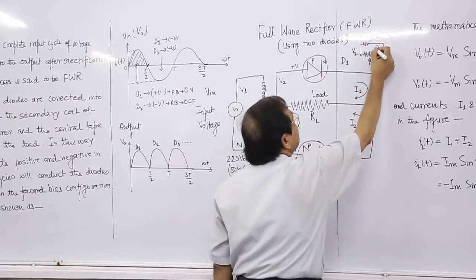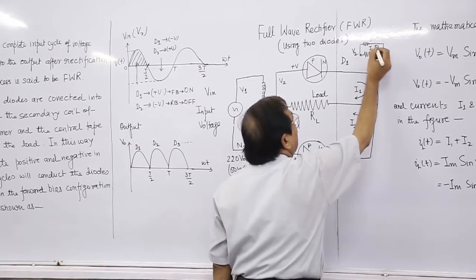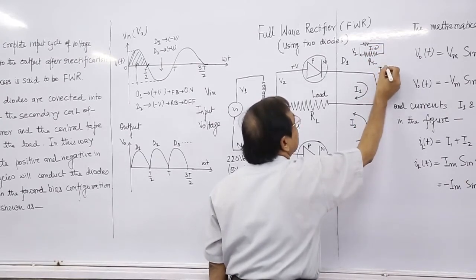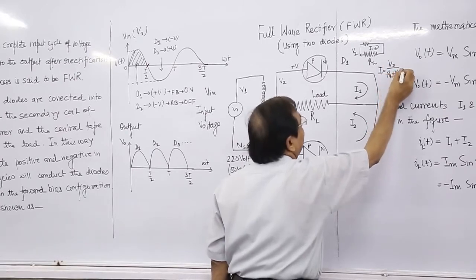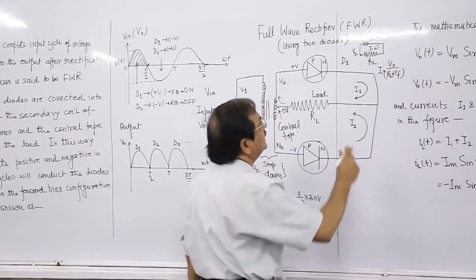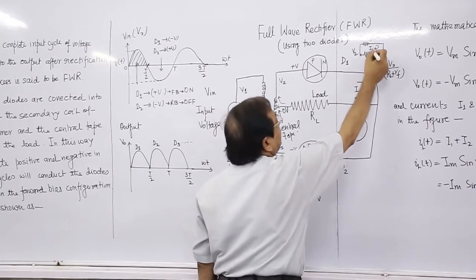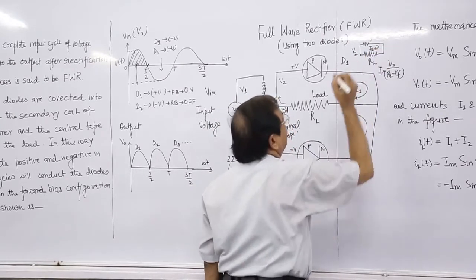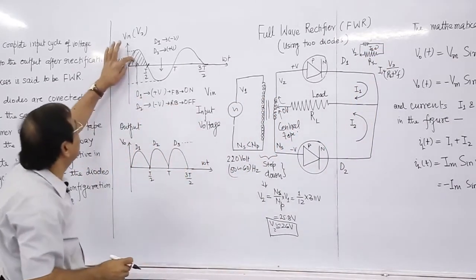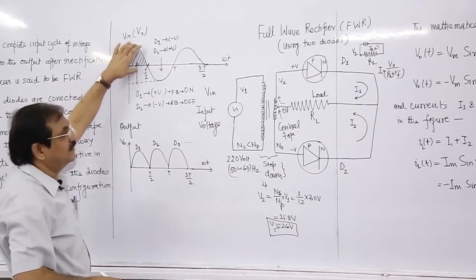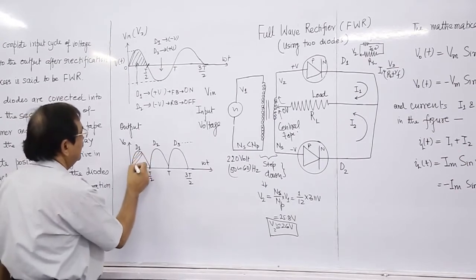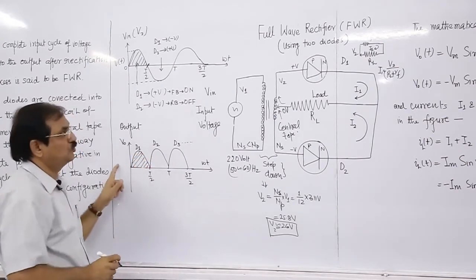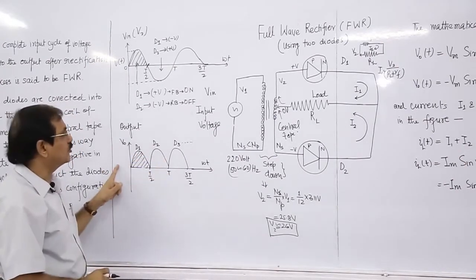So, the current I1 is V2 upon RL plus RF. This current I1 is in the first half cycle, and here is the first half cycle's corresponding output, that is, across the load.